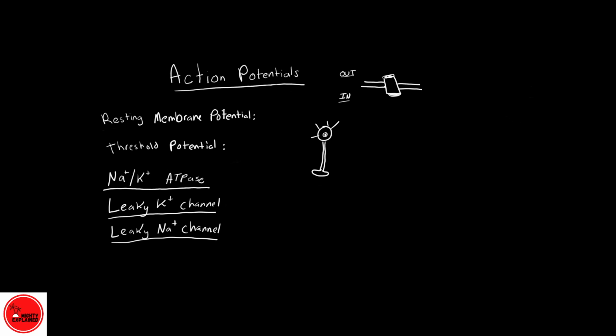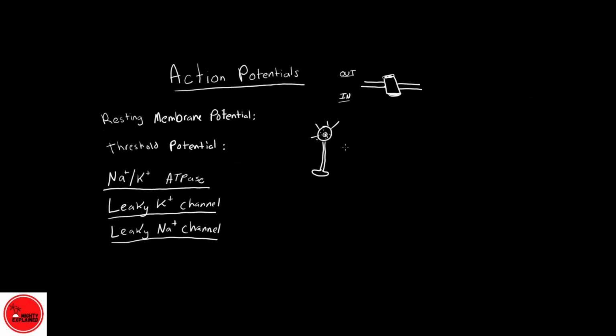Super cool. So when your neurons, let's take for example this beautiful neuron that I drew just a second ago, are hanging out, they are at a certain resting membrane potential. Membrane potential means there is a voltage difference between the inside of the cell and everything on the outside of the neuron.